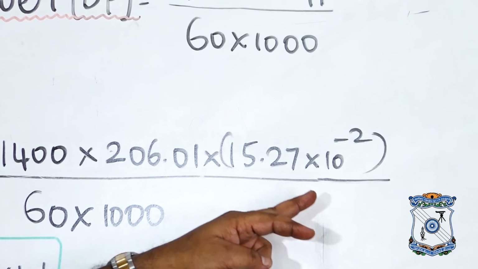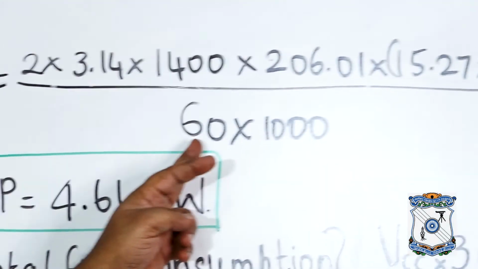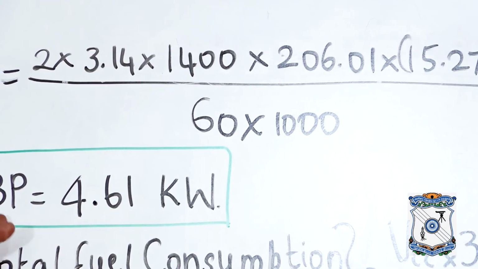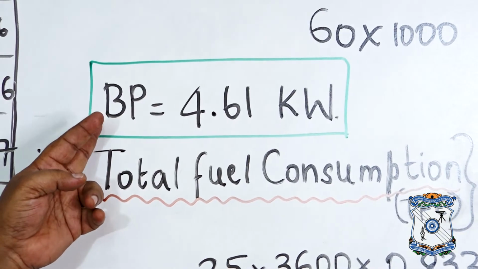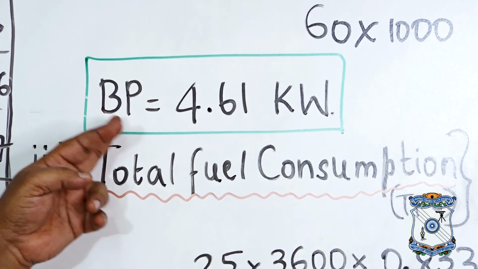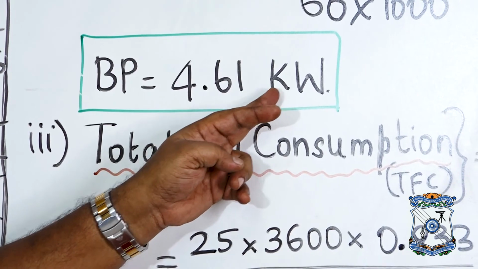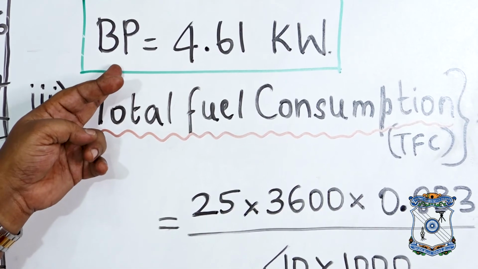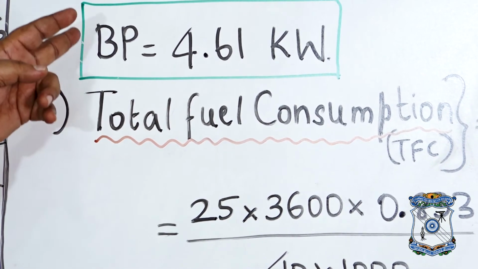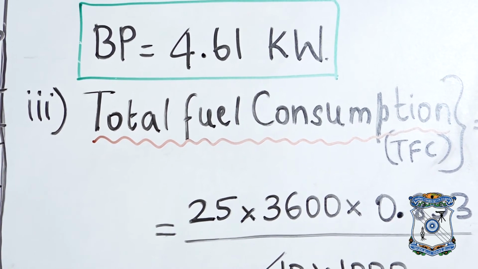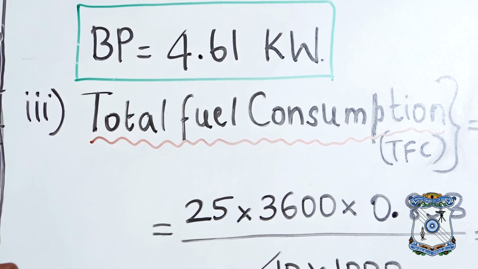The effective radius is 15.27 into 10 power minus 2, divided by 60 into 1000. The brake power we got, that is the power available at the shaft, is equal to 4.61 kilowatt. We are going to use this brake power for finding the specific fuel consumption.